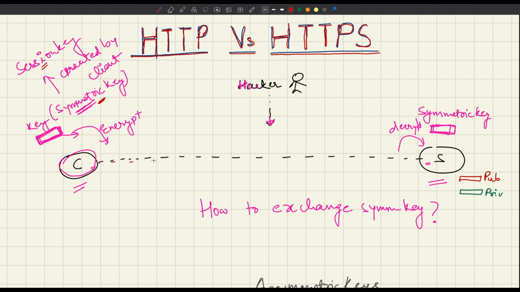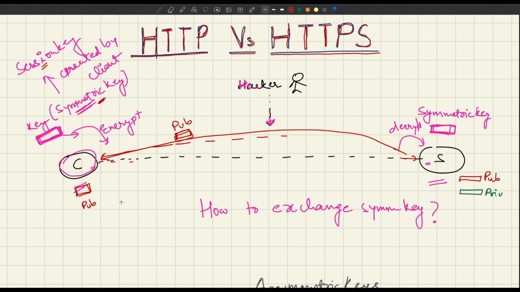Client is going to tell server that I want to connect with you over HTTPS. And then server is going to respond to the client and send its public key. Now client will have the server's public key here.